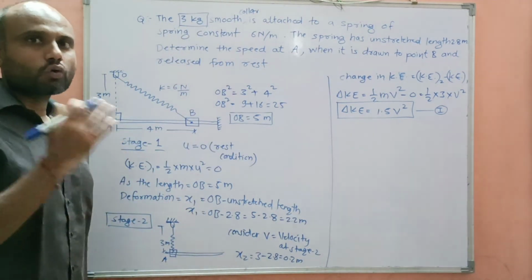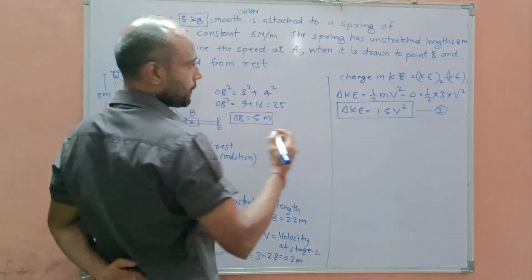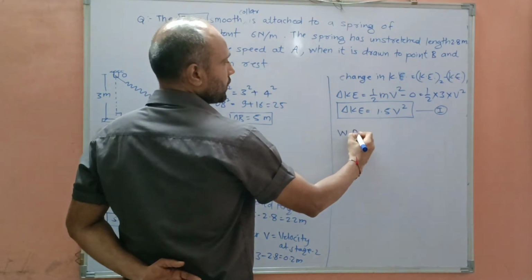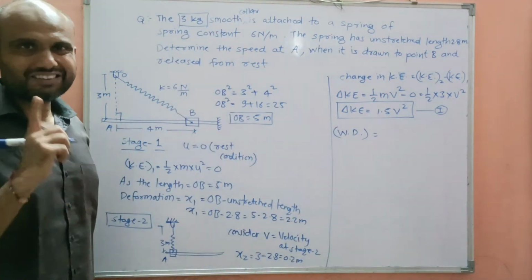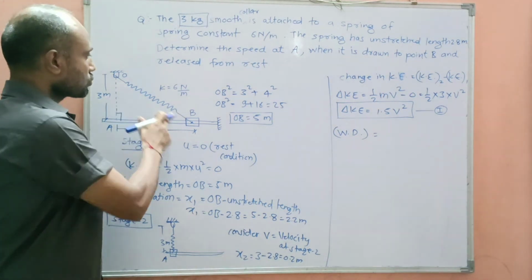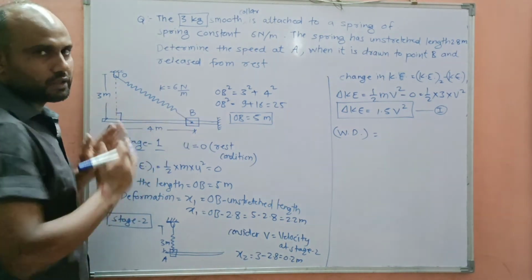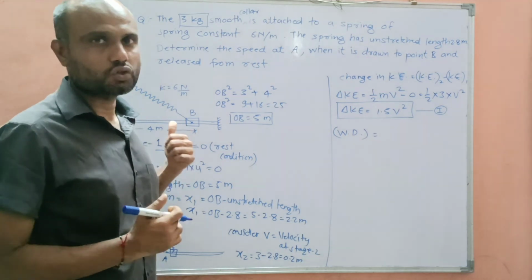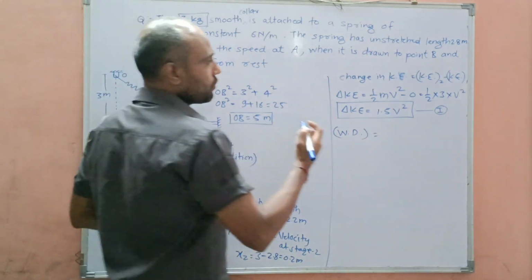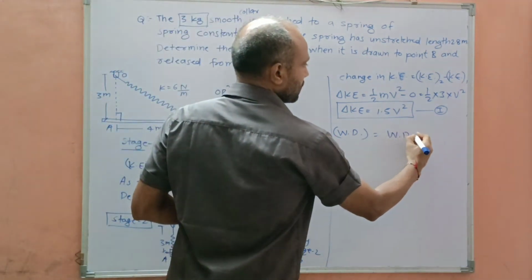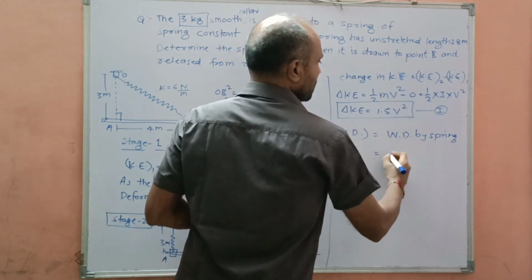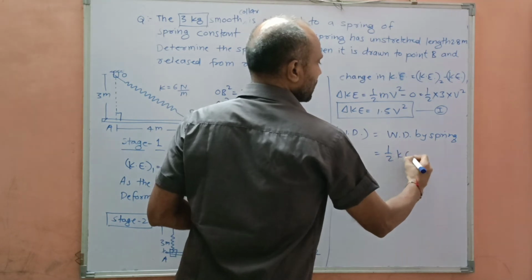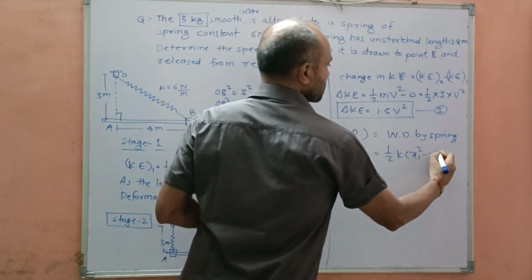Now let us calculate the total work done. What is the work done? Work done in this system is only because of the deformation of the spring. Only the spring is doing work in this system. So work done by spring is given by 1 by 2 k (x1 square minus x2 square).